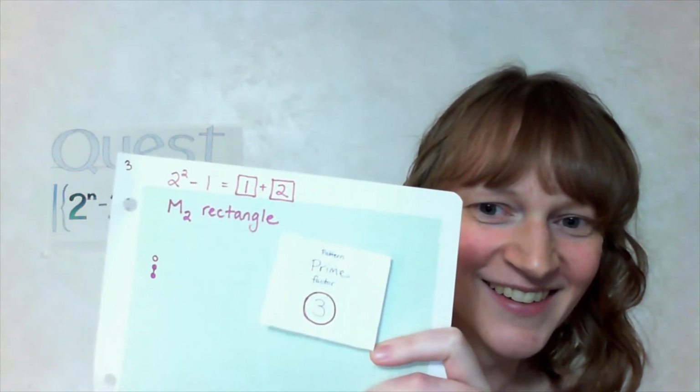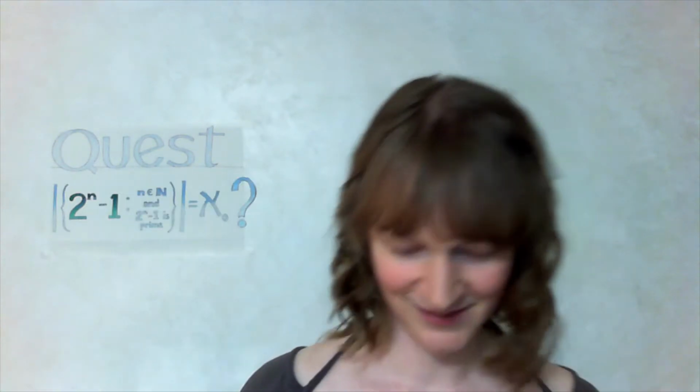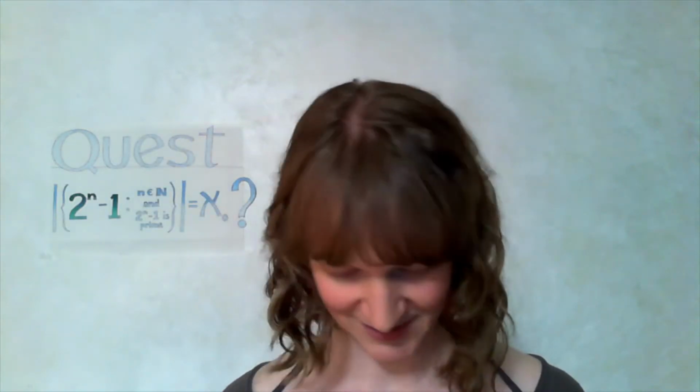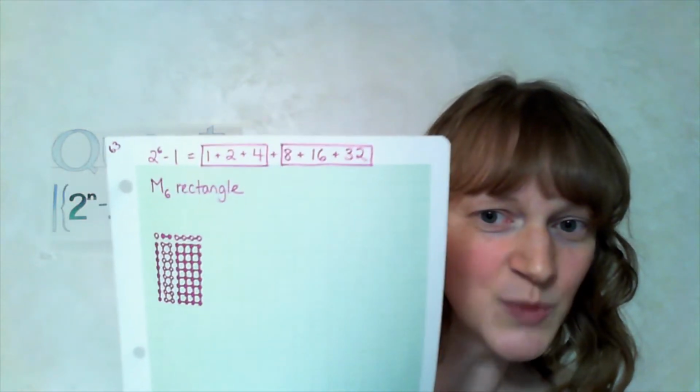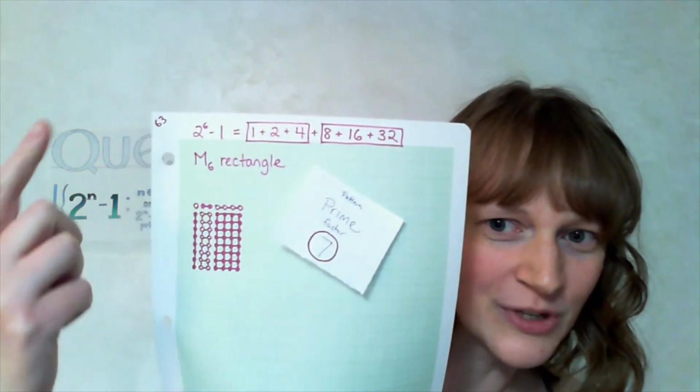3. 3 divides the Mersenne number 3. What about this one? 5. 5 divides the Mersenne number 15. And this one? 7. 7 divides the Mersenne number 63.